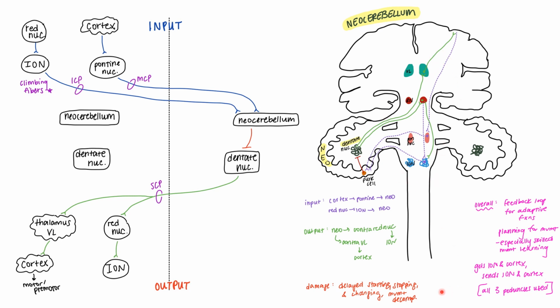So then damage is going to be like your loss of really skilled motor planning. Movement decomposition is a really good way to say that. But yeah, I'll have this just in the slides for you to review on your own and walk through really step by step.